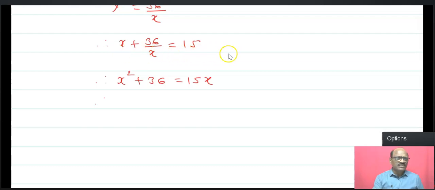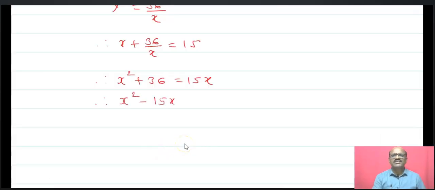Multiply on both sides by x. If you multiply here x into x, that is x square, and 36 upon x into x, the x cancels. That is, you will get 36 is equal to 15 into x, that is 15x. And we will get the quadratic equation, which is x square minus 15x plus 36 equals 0.